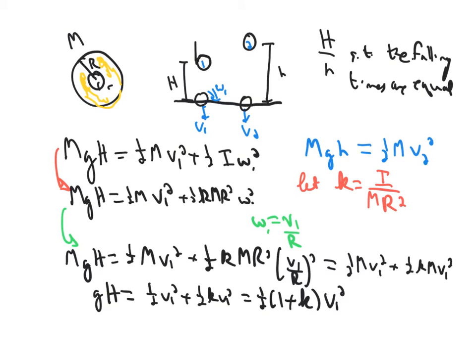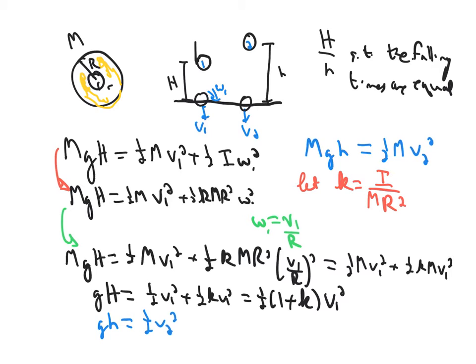And of course, from our blue equation over here, we can certainly find quickly enough that g little h is simply 1/2 v2 squared, having canceled out this mass right here.